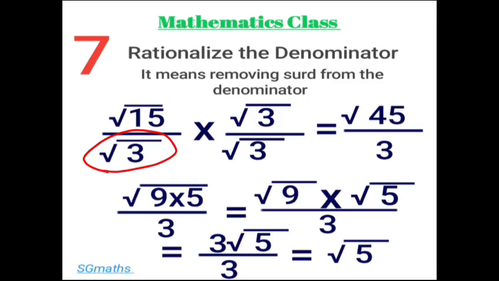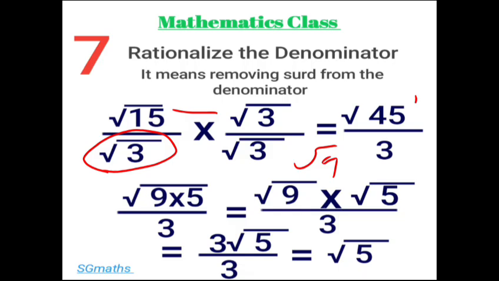You rationalize by multiplying the numerator and the denominator by this root 3. You can see we have root 15 multiplied by root 3, and we have root 3 multiplied by root 3. So you take whatever you have in the denominator, then you multiply it by both the numerator and the denominator. So when we multiply these together, we have root 45, and when we multiply these together, we have root 9.